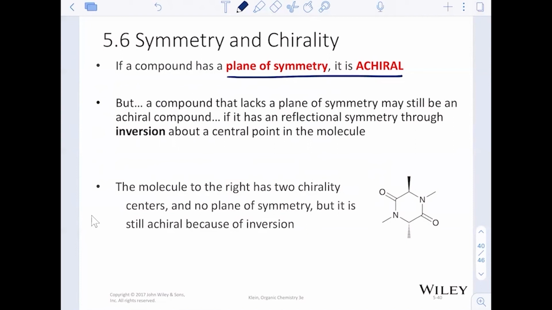We will avoid a lot of reflectional symmetry, but notice that through this inversion point, we can kind of see the idea of symmetry. This compound has inversion symmetry, and so therefore this compound is achiral as well. The molecule does look like it has two chiral centers and no plane of symmetry, but it's still achiral because of inversion.